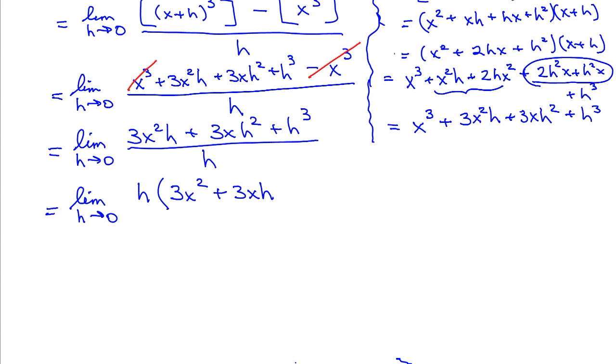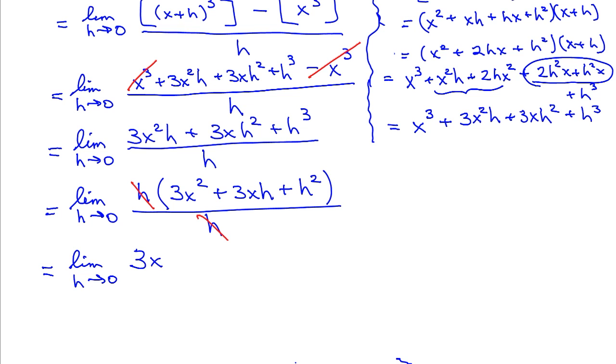And factoring from the last term here, that's going to give me h squared over h. What cancels? H's cancel. That is the key. You have to get the h's to cancel somehow. If they can't cancel, you're not going to be able to take the limit. 3x squared plus 3xh plus h squared.